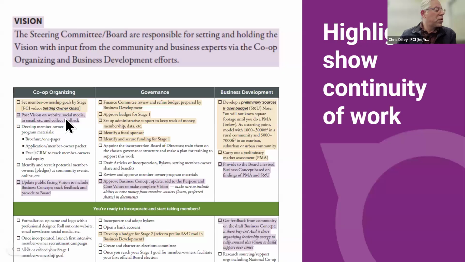For example, the purple is highlighting the checklist tasks that are related to vision, so you can see that they cross the different areas of work. They're meant to recognize that this work takes coordination and communication across the whole effort to move those particular tasks forward.